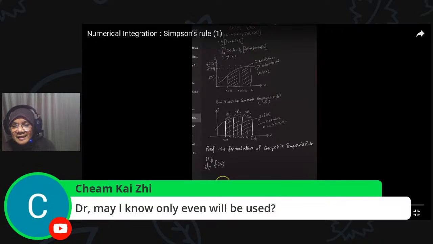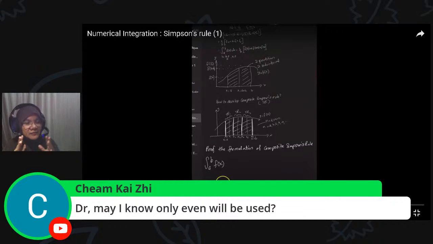Now there is a question from your friend: may I know when even will be used? Simpson's rule is available for even, not odd, meaning that because we partition the data into two subdomains, even numbers, for example 2, 4, 6, 8, are available to apply Simpson's rule.